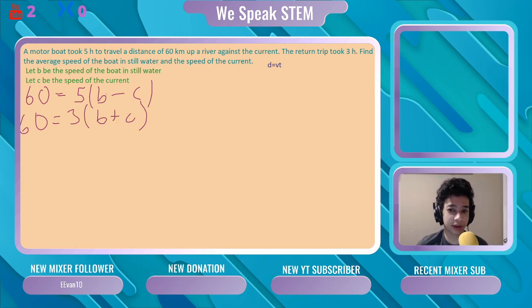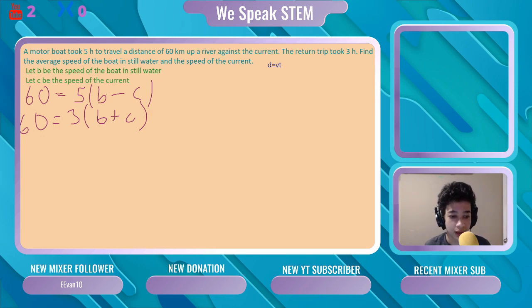Now obviously we're going to want to rearrange this, because when we try to eliminate or substitute we want to move at least one into y equals mx plus b form, because then we can actually use it.